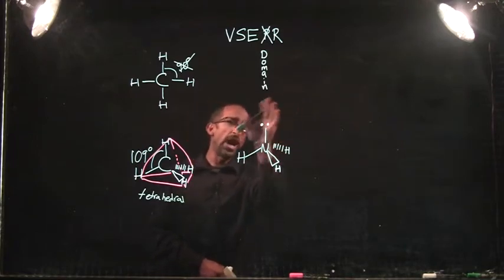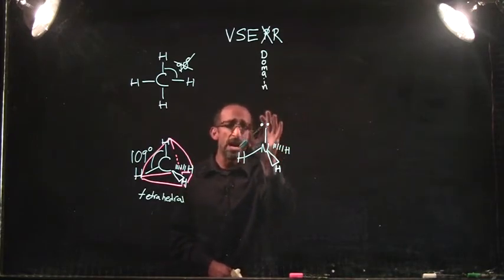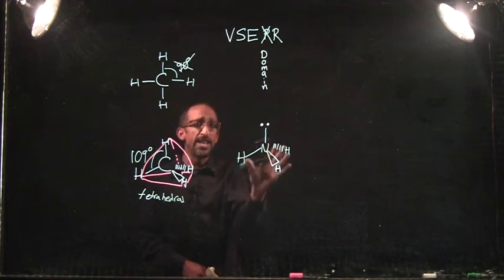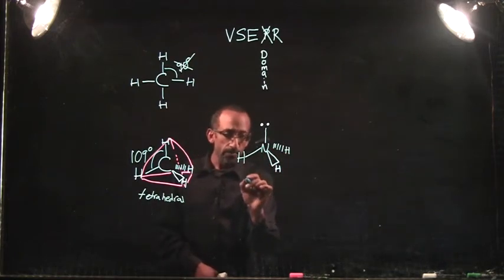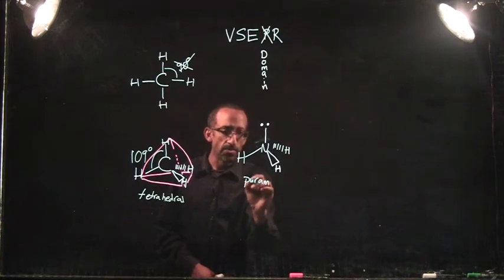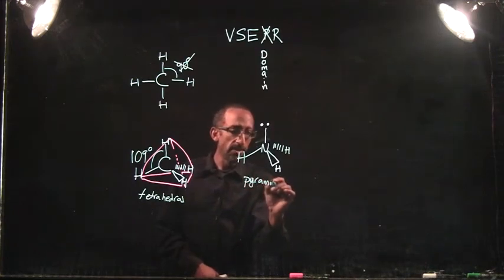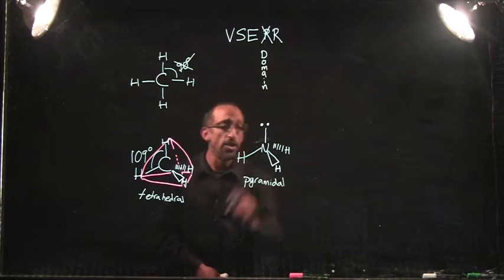That 4th or top point of the tetrahedron is a lone pair. We actually call this a pyramidal geometry.